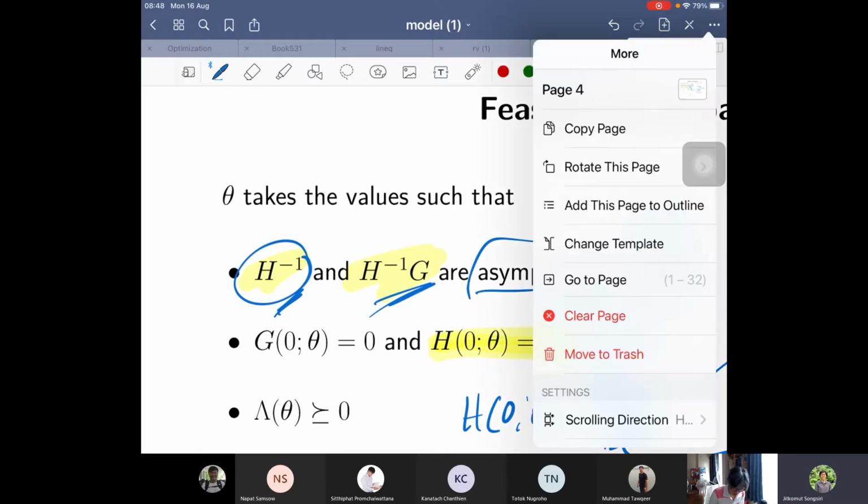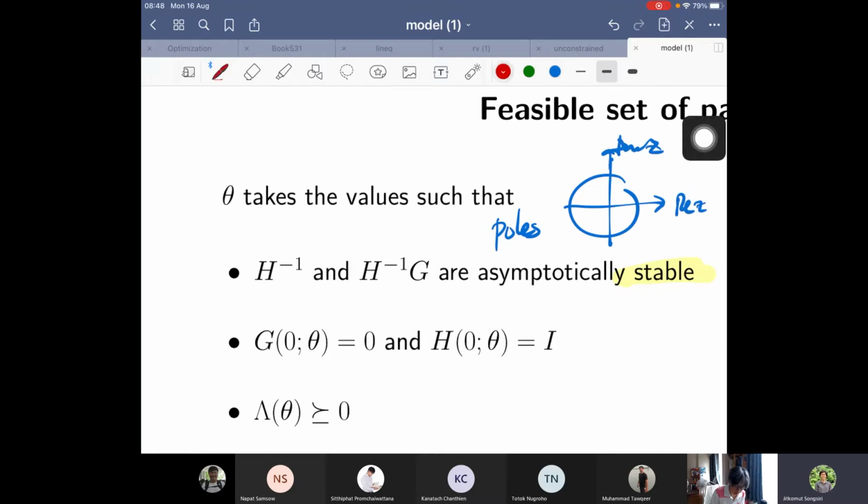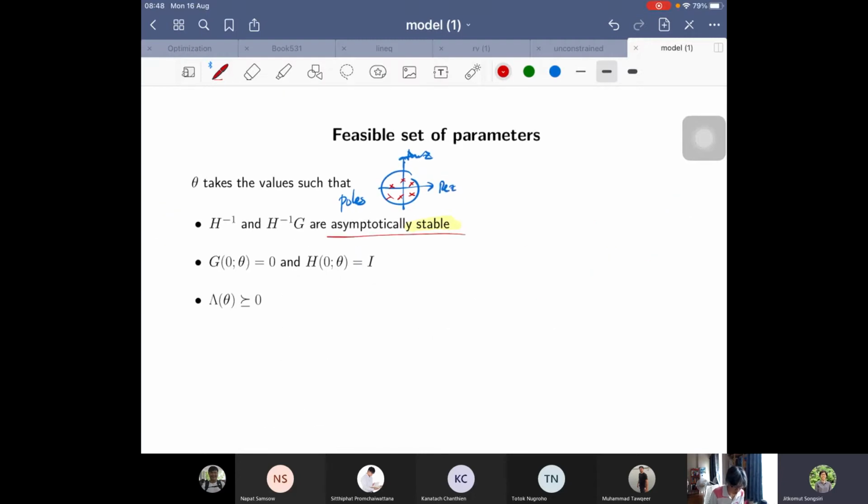Everyone should be reminded that a stable filter, a stable transfer function in the discrete-time sense, means that the poles of the transfer function must lie inside the unit circle. Okay, this is a concept that you should recall.